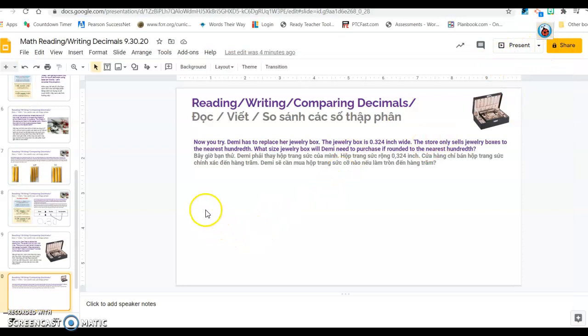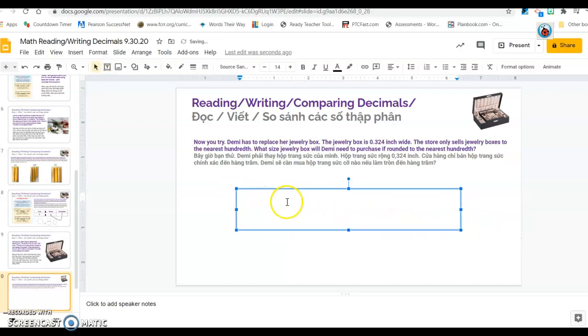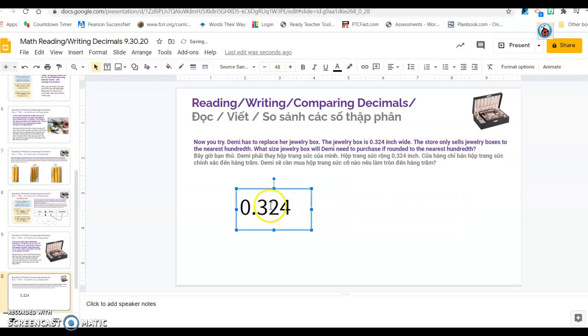If I write 0 and 324 thousandths, and we look at this number, because we need to go to the hundredths, this is the number we are evaluating.